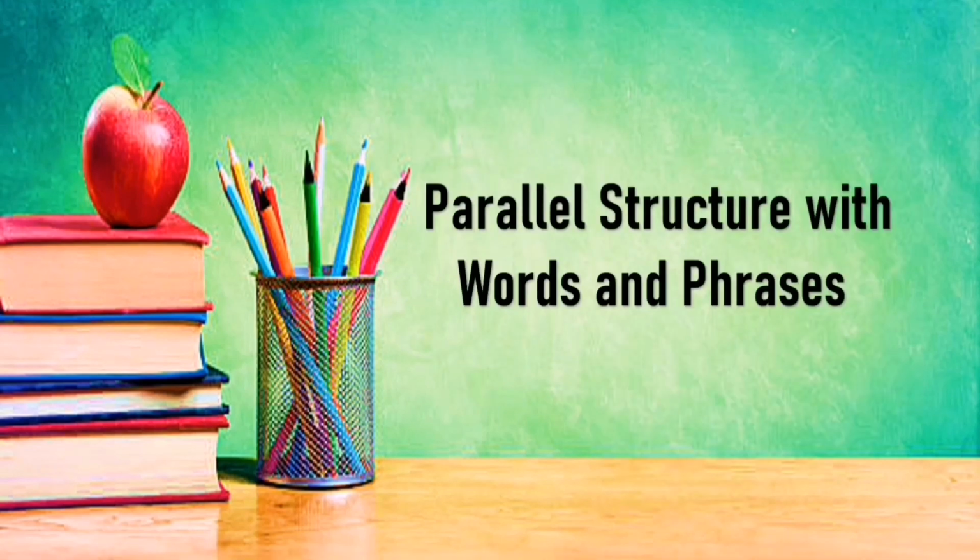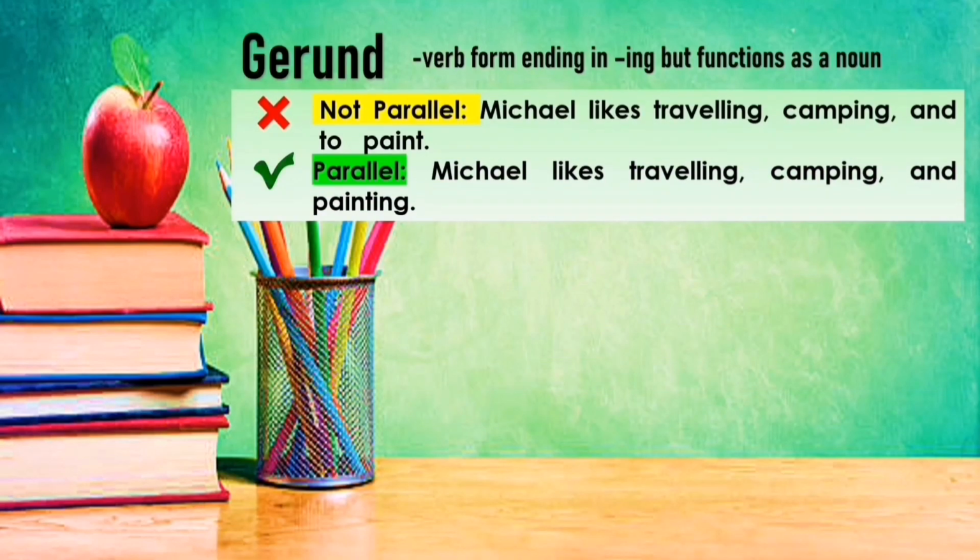Let us now discuss parallel structure with words and phrases. The first one is gerund. A gerund is a verb form ending in ing but functions as a noun. Examples of gerunds are speaking, reading, and cleaning. Look closely at the example. Michael likes traveling, camping, and to paint.